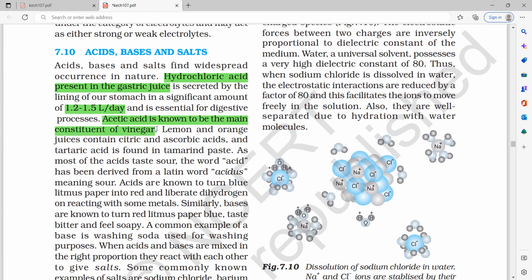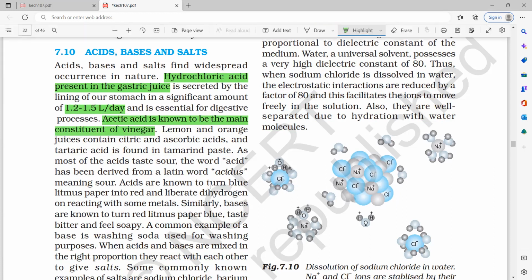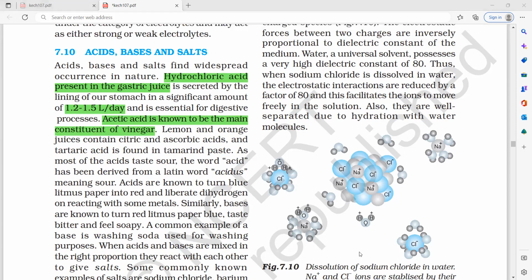So what is acetic acid? This is CH3COOH.